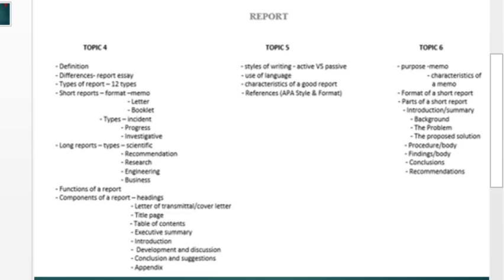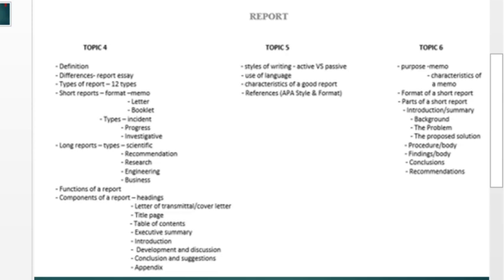of a good report. And then there could be a very normal question, something like asking you to define what is a report, define what is a memo, maybe asking you to define short reports. Okay, I cannot guarantee whether it would come out or not.